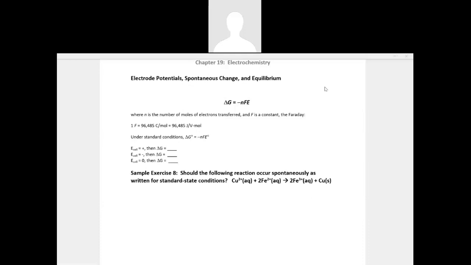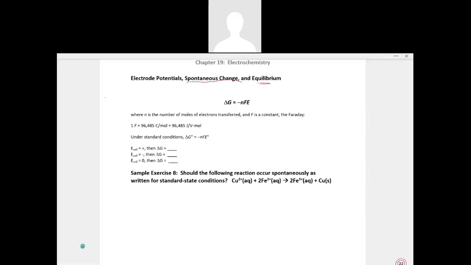In this next video from chapter 19 on electrochemistry, we're going to relate how the potential found from a voltaic cell can be related to spontaneous change. And later on, we look at how this is also related to equilibrium.